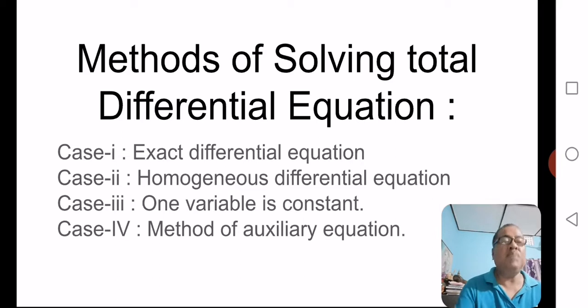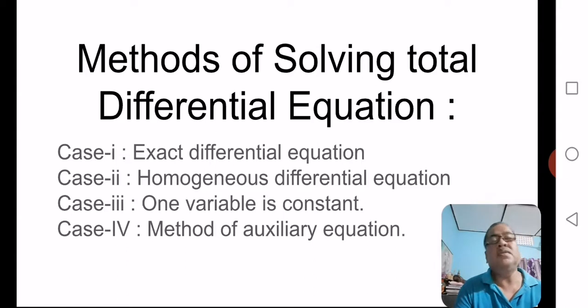Now to find the complete solution, we need to differentiate the last equation with respect to x, y, z, and comparing this equation with the original equation, we can compute d phi by dz. Now integrating, we can compute the value of phi, which is required. After that we can write the required solution.